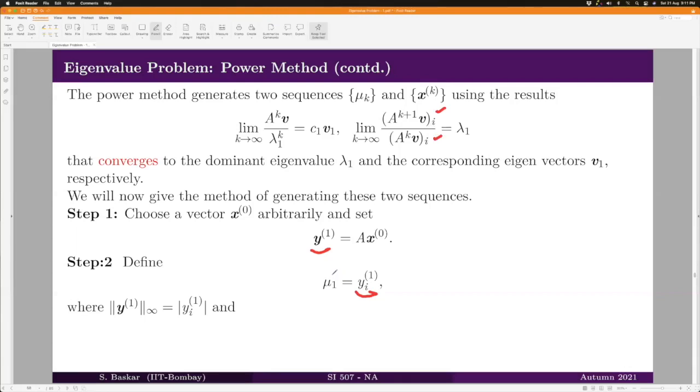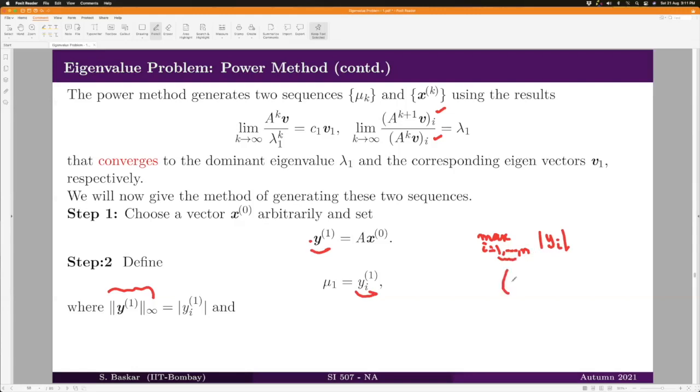What is that particular way? You choose that component for which this vector y attains its maximum norm. Recall, the maximum norm is nothing but the maximum of the absolute values of the components of the vector, right? So what you will do is you will take the maximum over all i equal to 1 to n of |yi| and see who attains this maximum the first time.